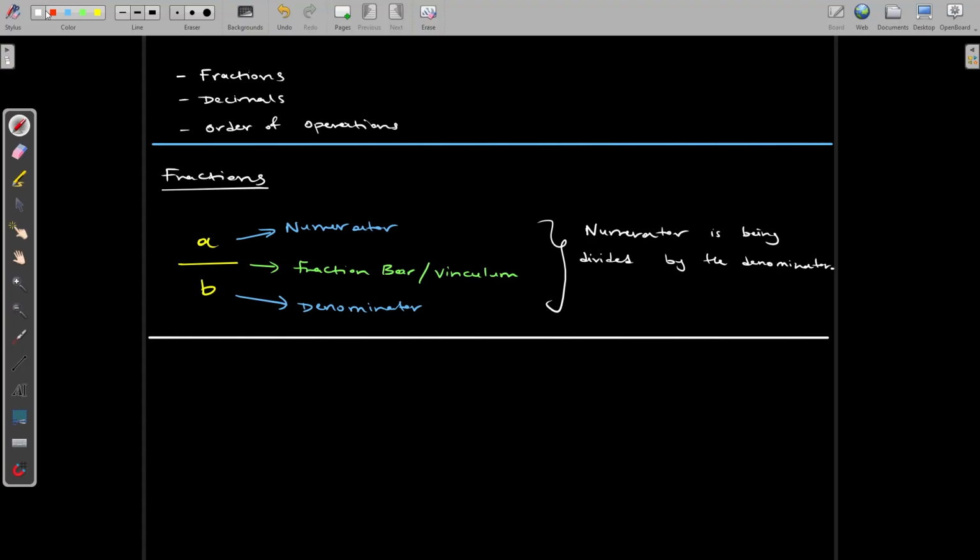Alright, so we have several types of fractions. And what are they? Mixed fraction. What other one? Circles or improper fractions.